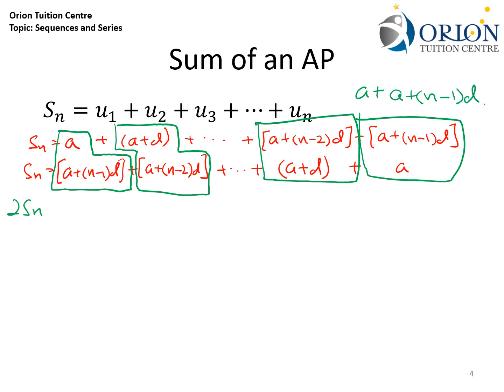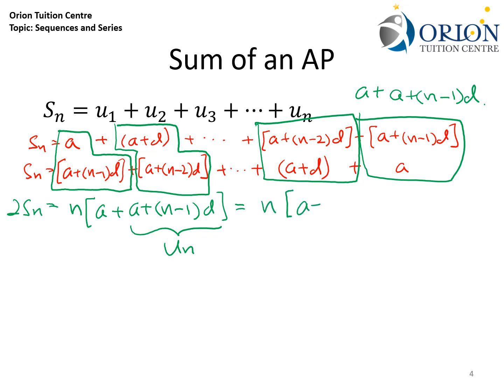And therefore, since there are n terms of them, 2Sn will be equal to n multiplied by (a plus (n minus 1)d). And since this is our un, we can say that 2Sn will be n multiplied by (a plus un), which means that Sn will be equal to n over 2 times (a plus un). And thus, this is the formula for calculating the sum of an AP if we know the first term and the last term.